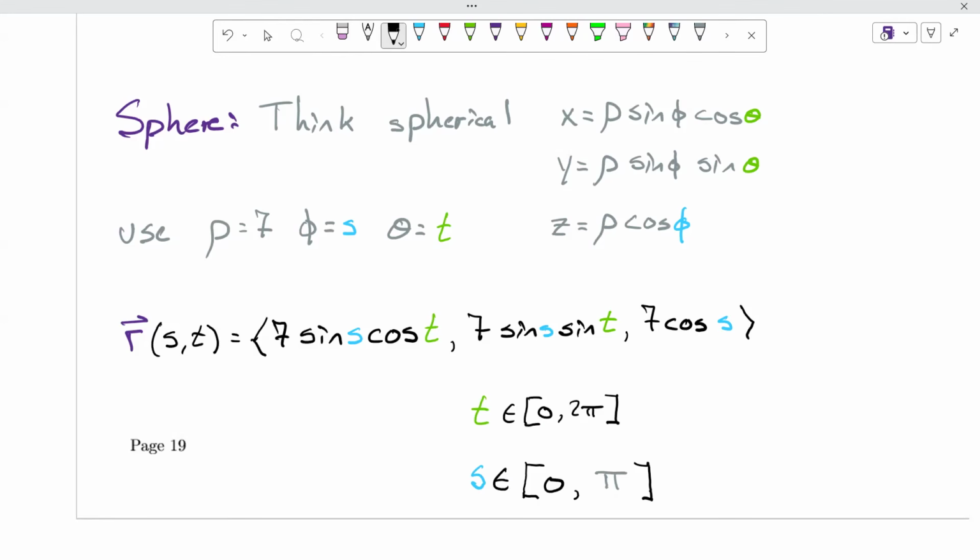Again, in spherical coordinates where we have our known parameters, we have a standard set of bounds that we want to use. For theta, one trip around the circle is 0 to 2 pi. But since phi just measures from the top of the z-axis to the bottom of the z-axis, it only needs a half circle to talk about its full range of motion.